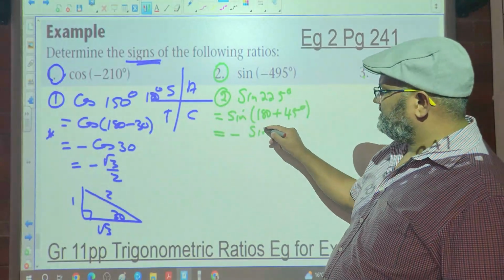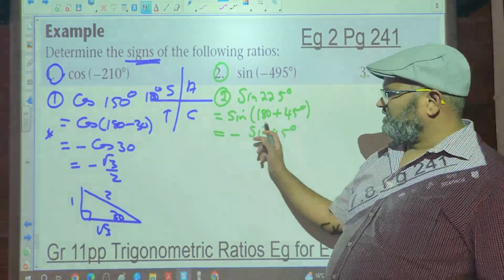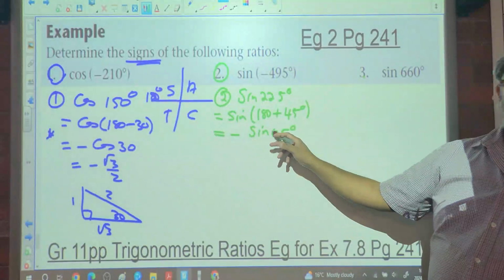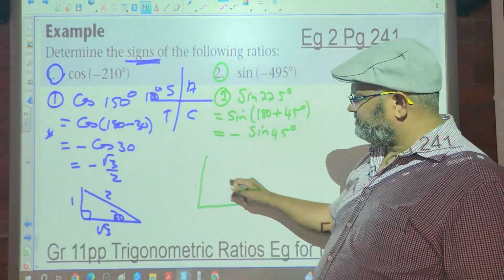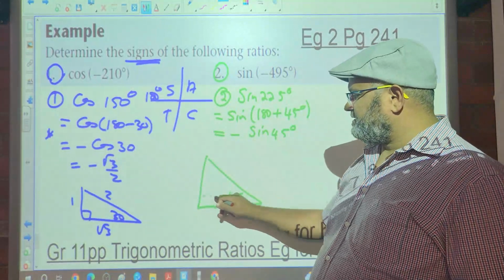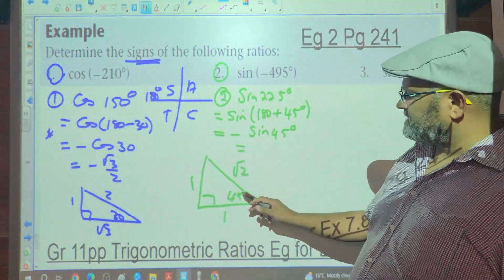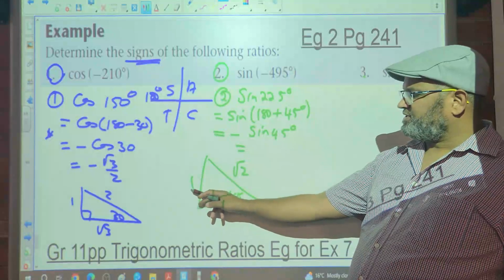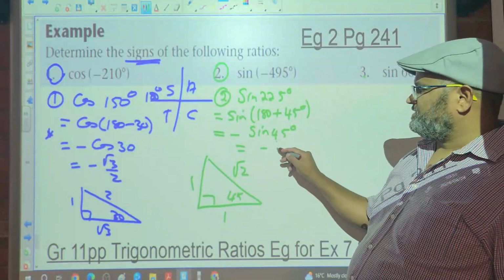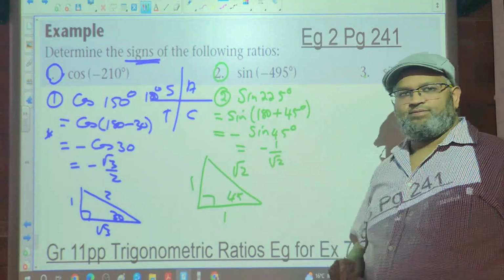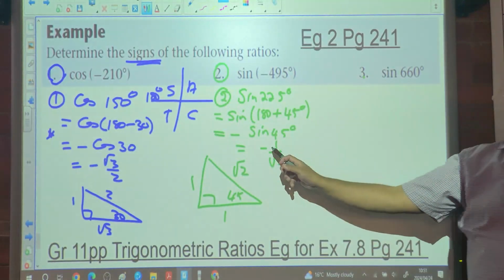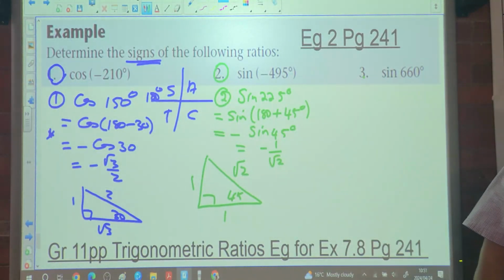Negative, so negative sine 45. This is also a special angle, this is your isosceles triangle, so it's 1, 1, root 2. Sine stands for opposite over hypotenuse, so it's negative 1 over root 2. But they wanted the sign, so the sign is going to be negative.